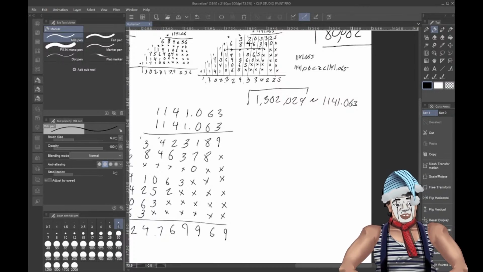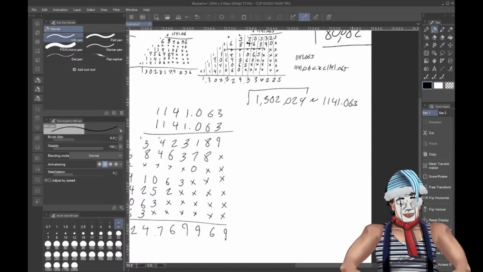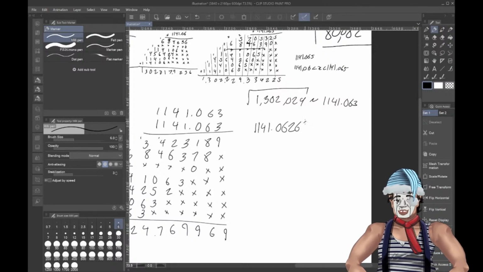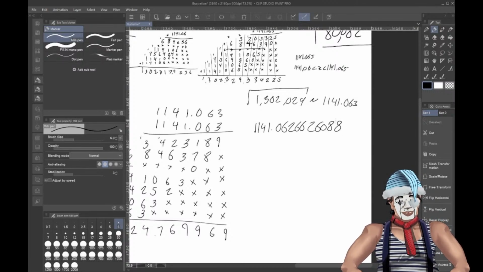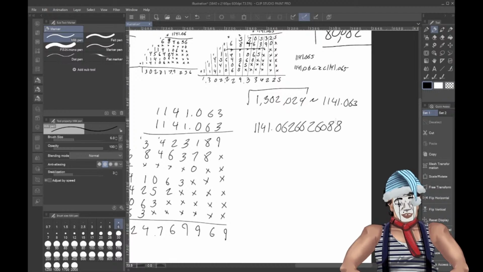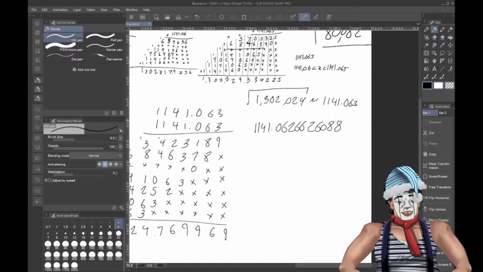Okay, according to this, it is 1141.06266260888. And I imagine many, many more decimal places, but we got really close up to here. That's pretty good. Let's wrinkle this down.